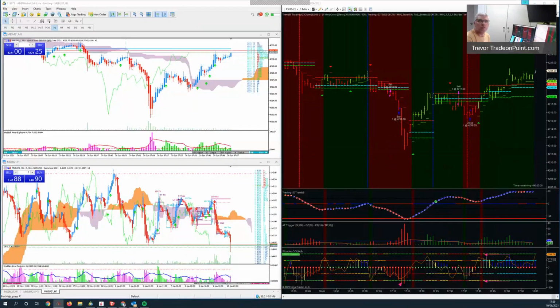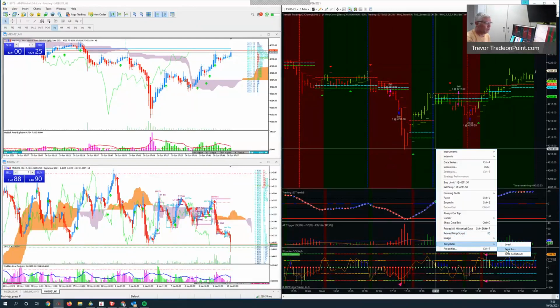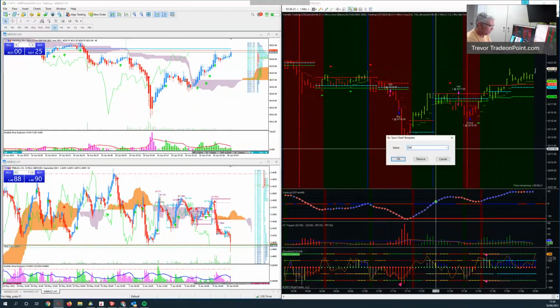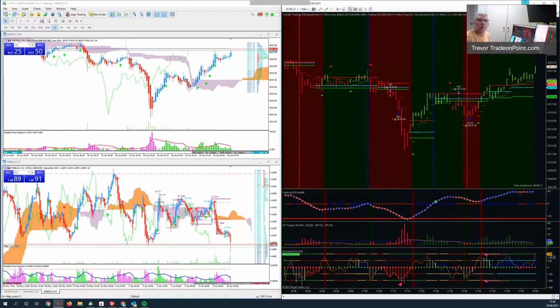Colors from it. Still trying to grind higher. What an awesome trade for that. 1721, 4 points, $200.